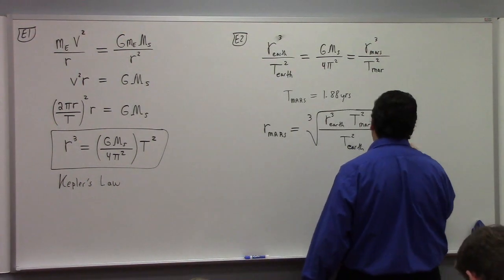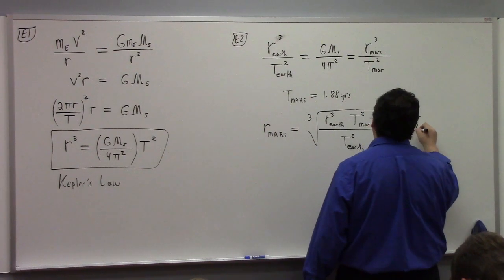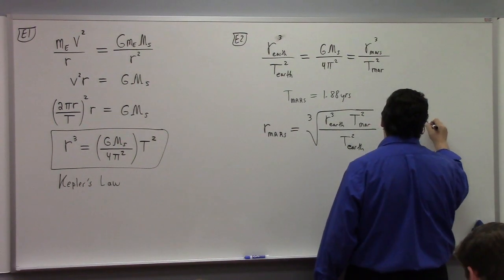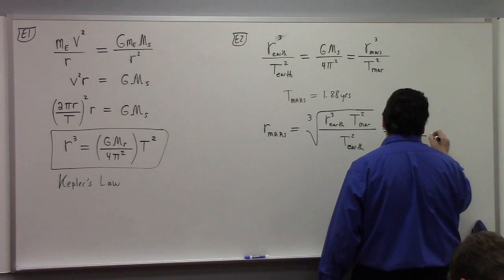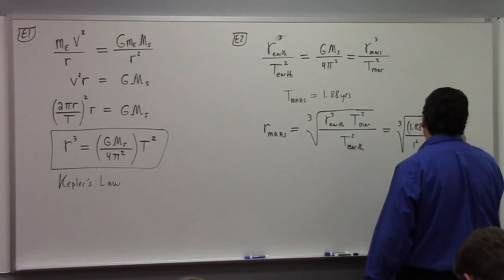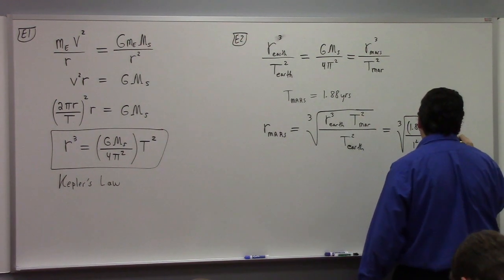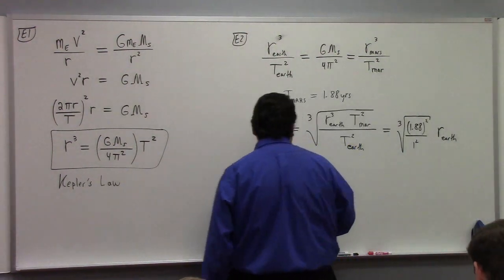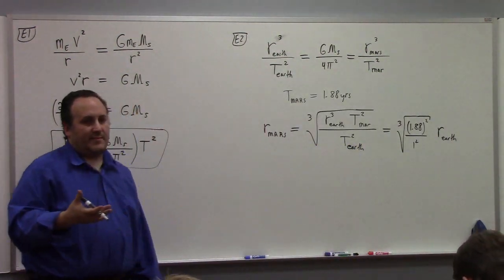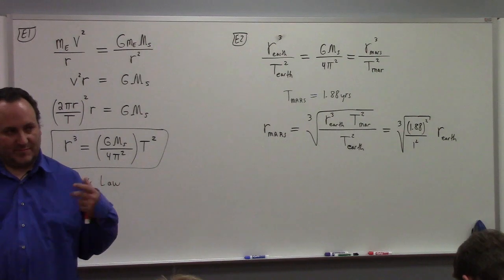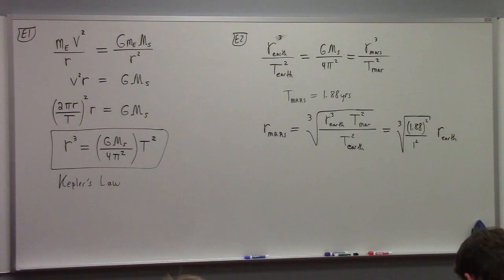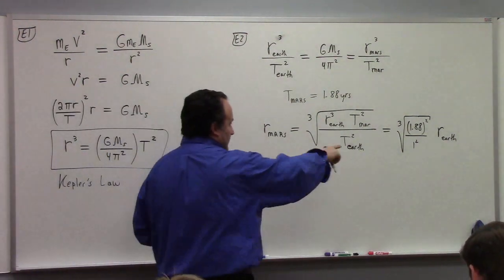That's just the cube root of 1.88 squared divided by 1 squared, times the radius of the Earth's orbit. Obviously, I'm not talking about the radius of the Earth or Mars as a planet. That's a different discussion, right? We can talk about that next. In fact, let's talk about that. But what does this work out to?